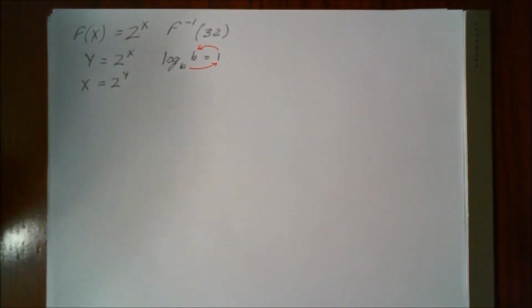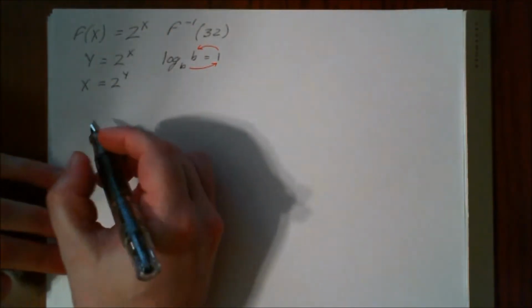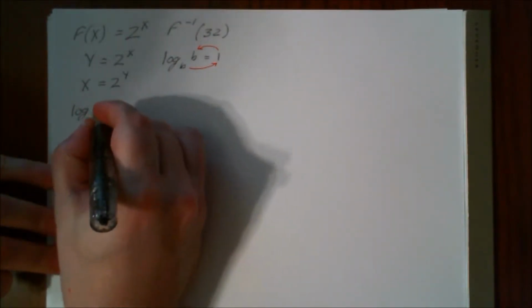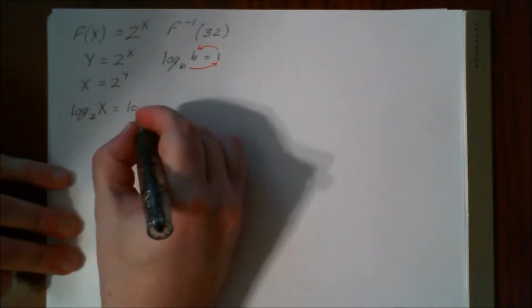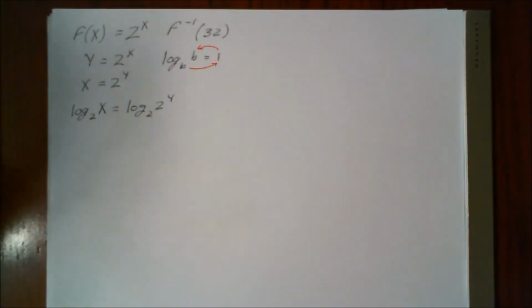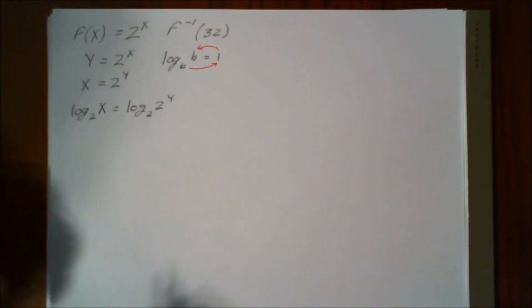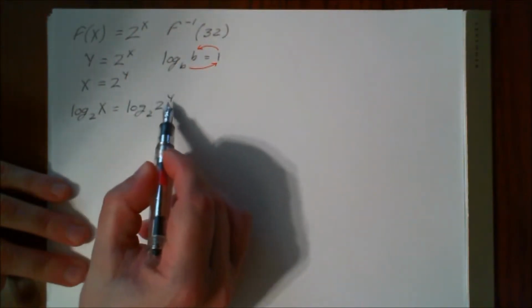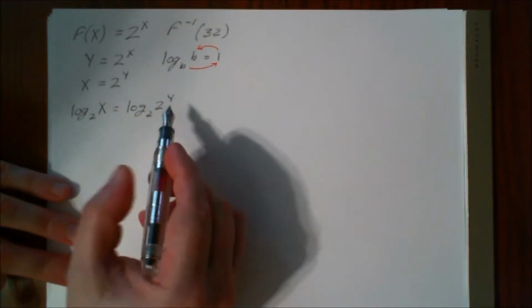So I'm going to go ahead and take log base 2 of each side here. So log base 2 of x equals log base 2 of 2 to the power of y. I want to remember our properties of logs here. If there's a value in front of the log, that value goes up here in the position of the exponent.